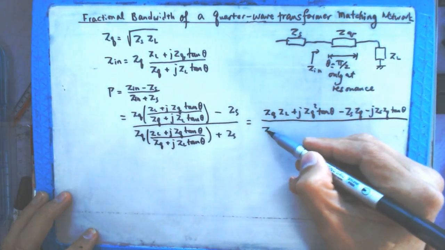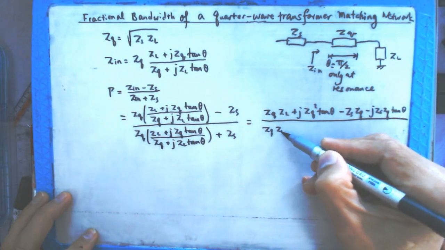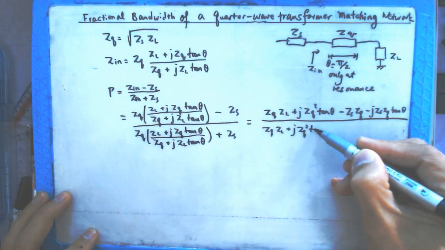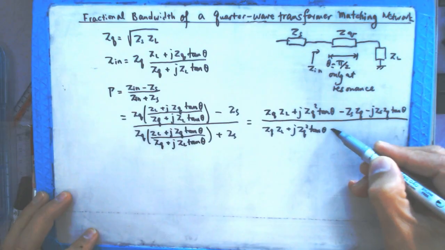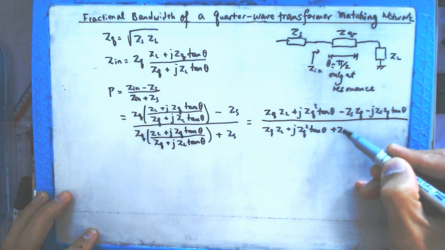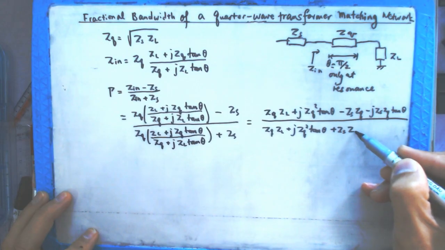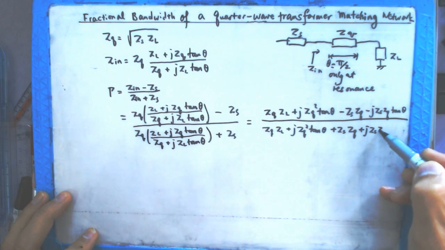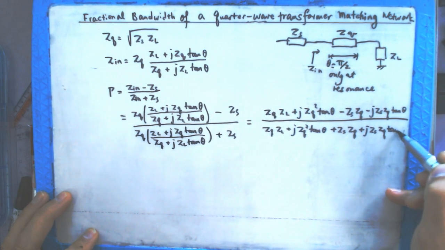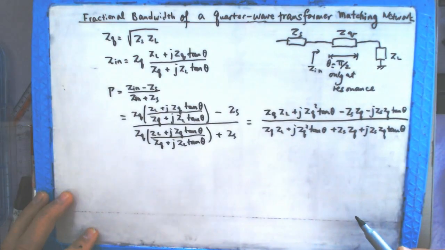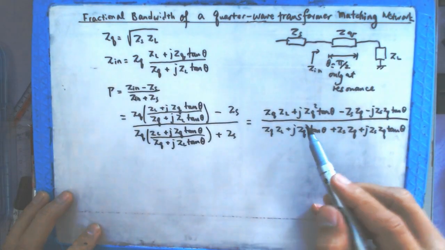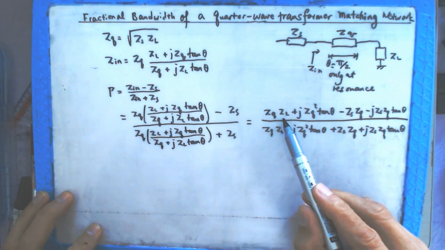And at the bottom I got this. So it's plus this time. If you simplify this expression, you can group some like terms.